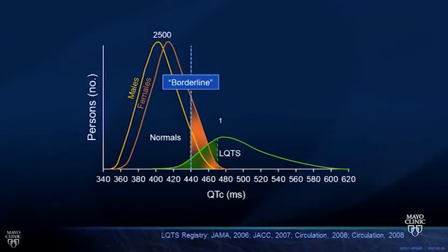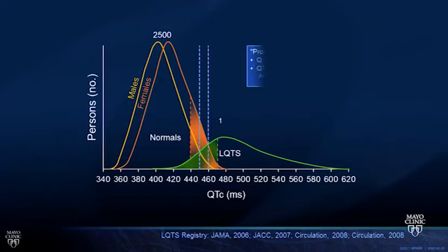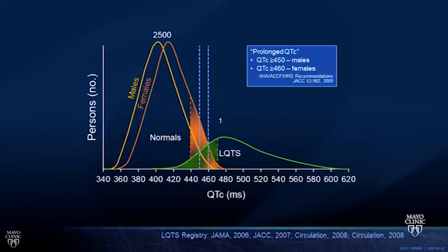But we've scrapped the borderline because the guidelines have replaced borderline with a guideline-sanctioned ECG definition of prolonged QTc at 450 or greater for men or 460 or greater for women. Keep in mind, this is for boards, the ECG definition of prolonged QTc, but our patients who satisfy this ECG definition of prolonged QTc basically never have long QT syndrome.